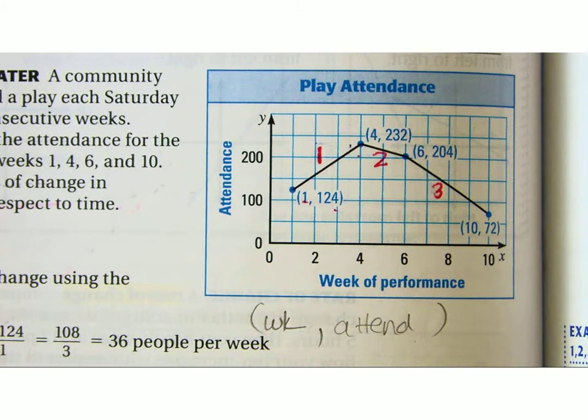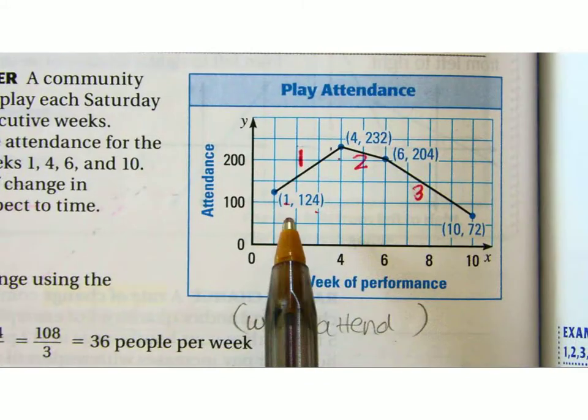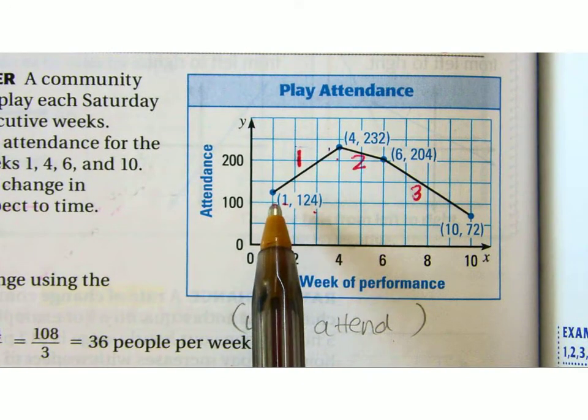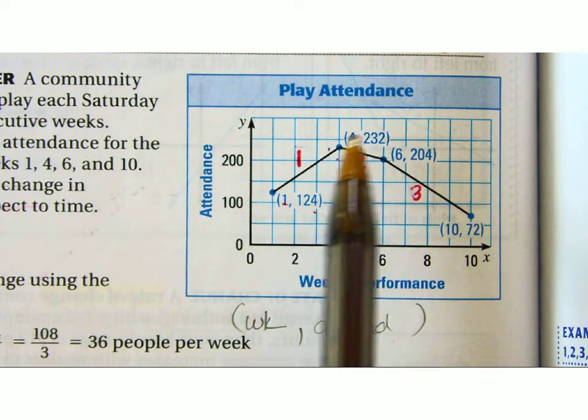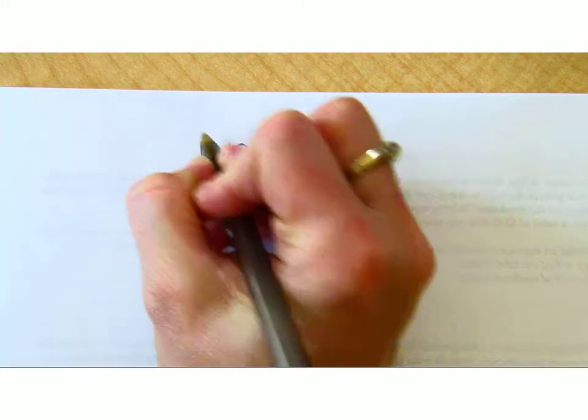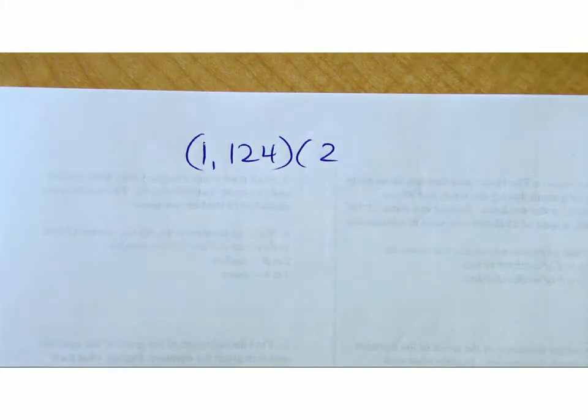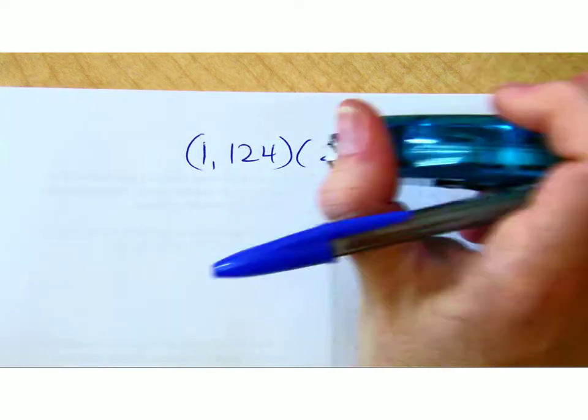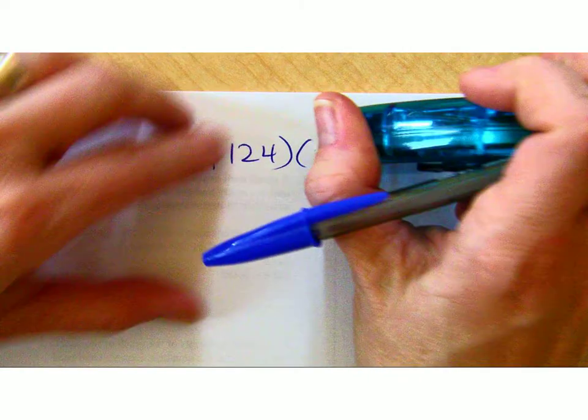Now, I'm going to show you something. They actually gave me 2 points, (1, 124) and (4, 232). Now watch. How many of you thought the formula that we did yesterday was a little annoying?